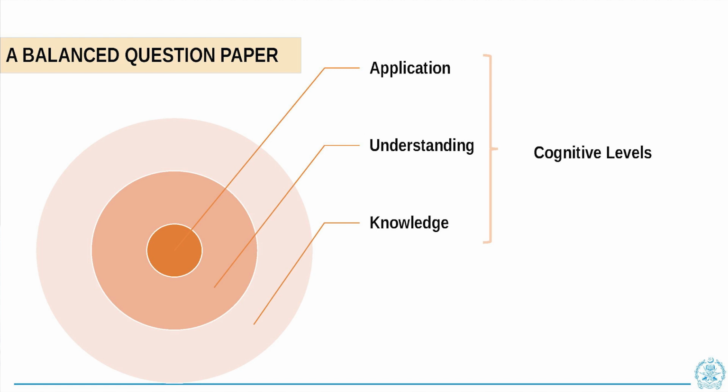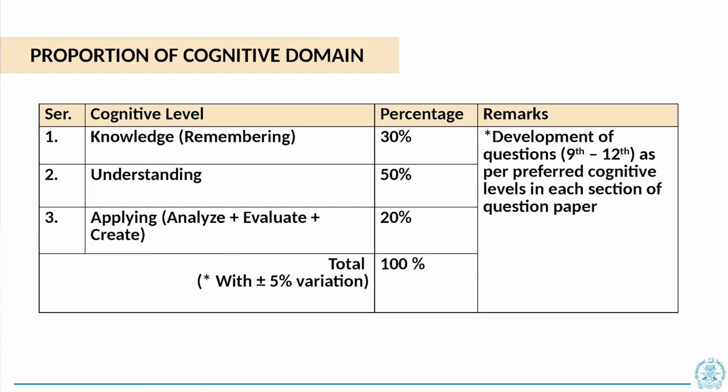The three main cognitive levels are knowledge, understanding, and application. Knowledge is the lowest level of questions that requires students to identify or recall information, basically in the same form it was presented. Its weightage is 30%.